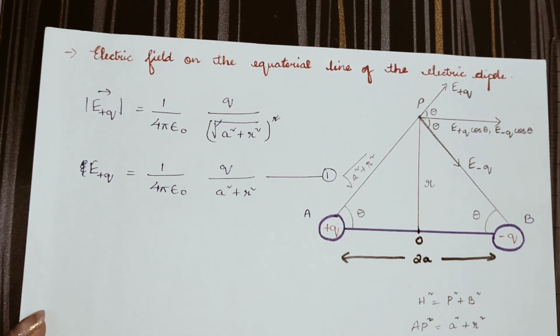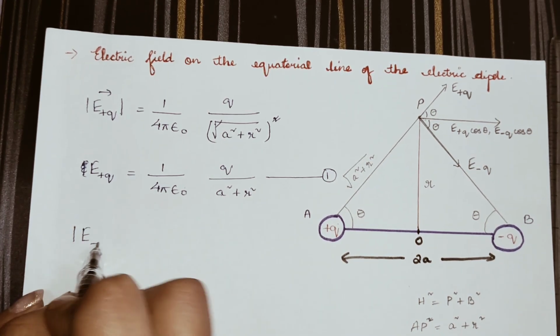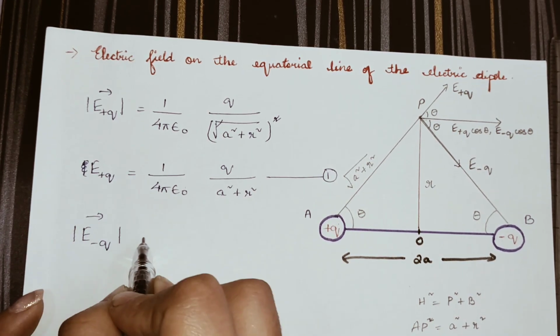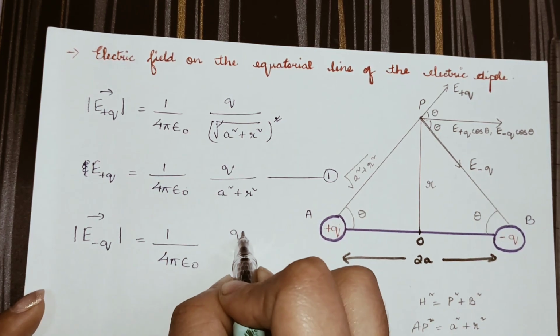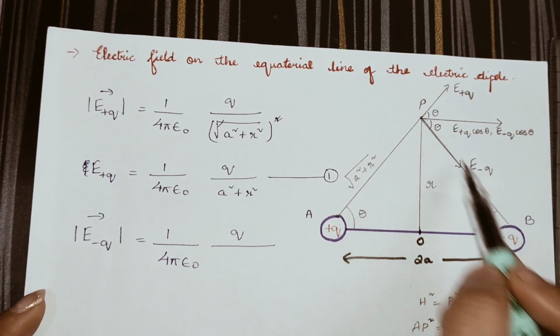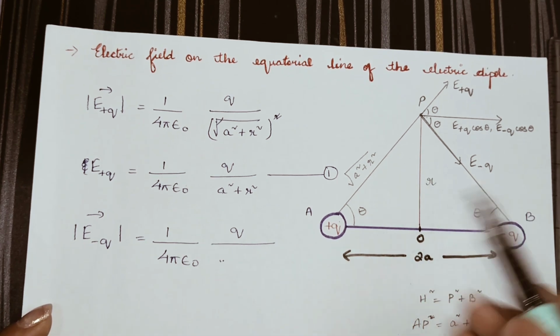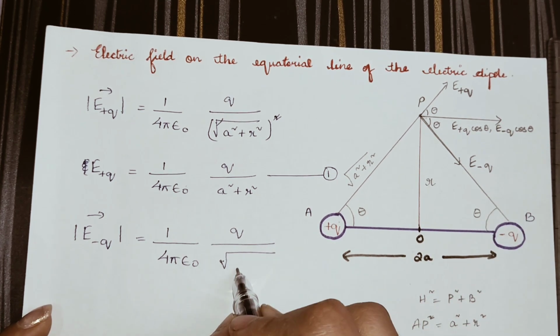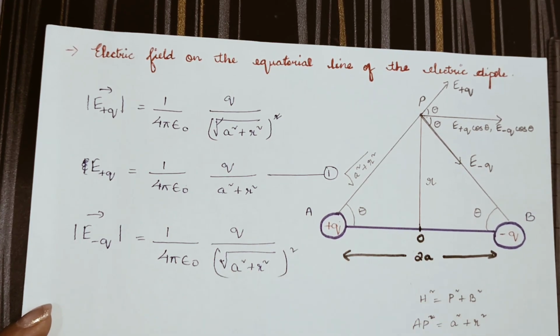Likewise, the magnitude of E minus Q due to the minus Q charge can be written as E minus Q is equal to 1 by 4 pi epsilon naught Q divided by, since the distance for this is also, root over a squared plus r squared whole squared.